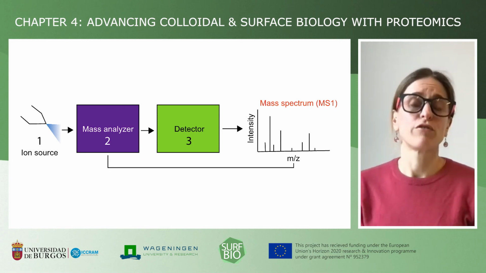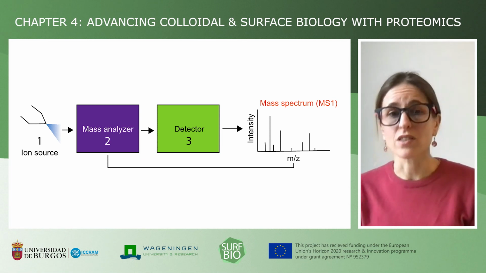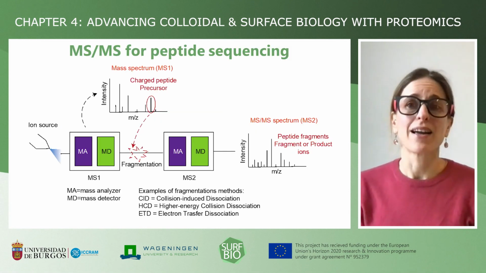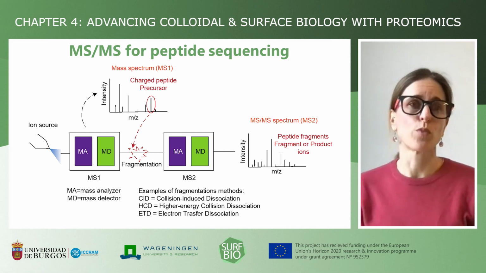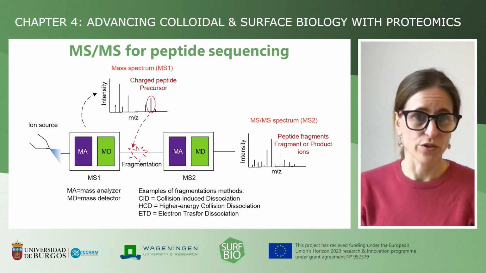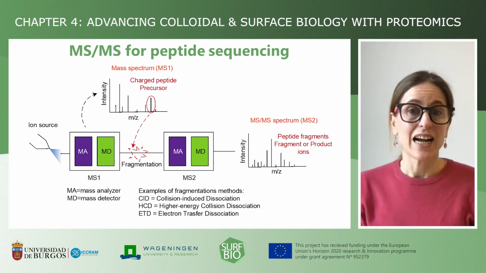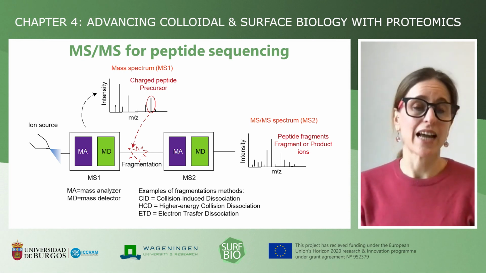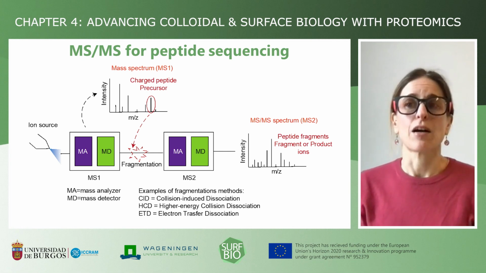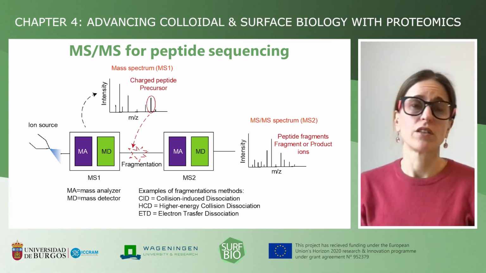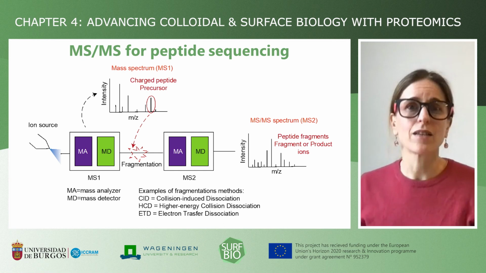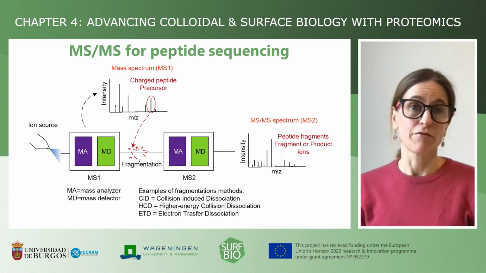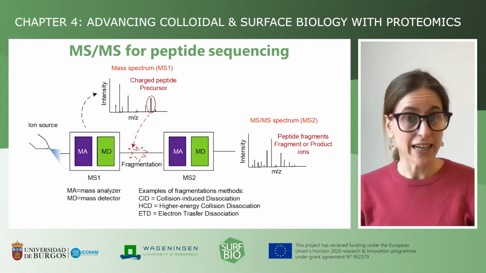Yet, we want information on the sequence of the peptides. And we obtain that by breaking peptides up into smaller pieces in the mass spectrometer. Basically, after the MS1, specific m over z values are selected for fragmentation. Some energy is provided using different methods, so as to break the bonds between the atoms. The mass of the resulting fragments is analyzed and detected.